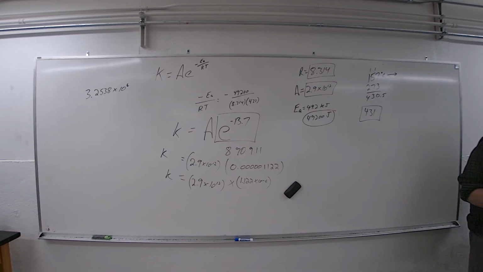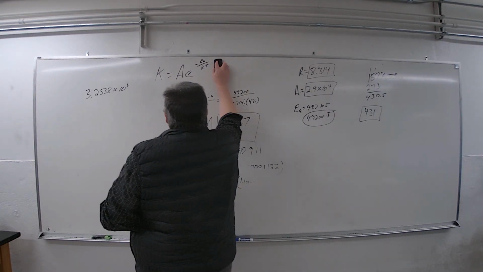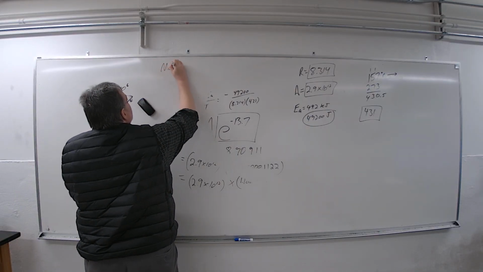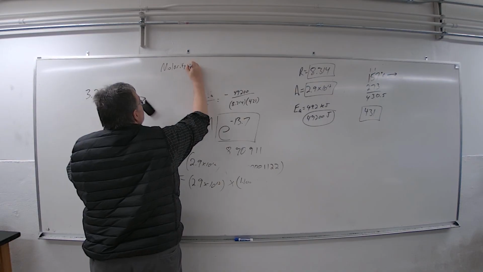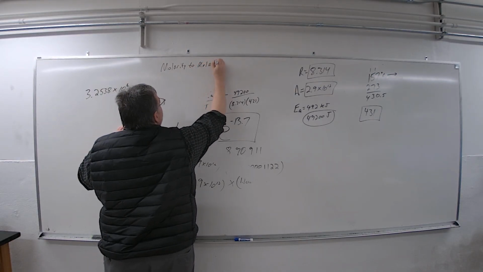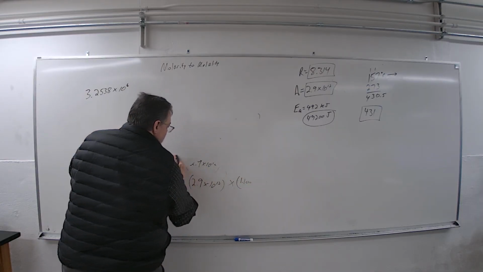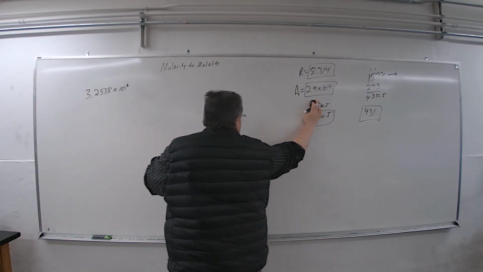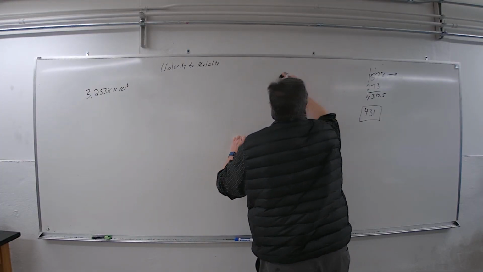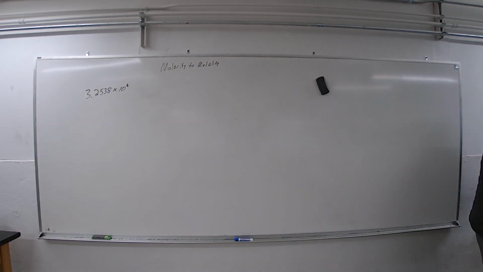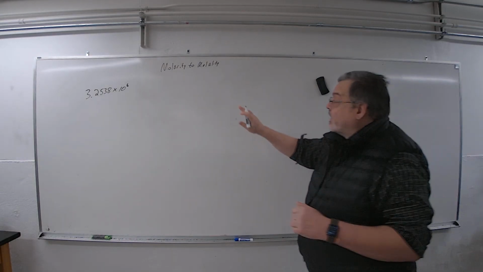So this is molarity to molality. You've got an aqueous solution of glucose and water, concentration of 0.556 molarity.